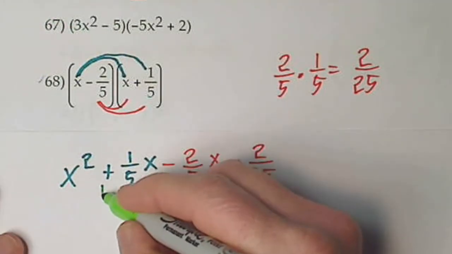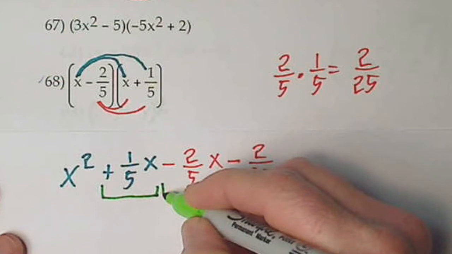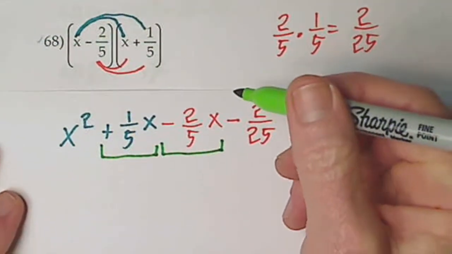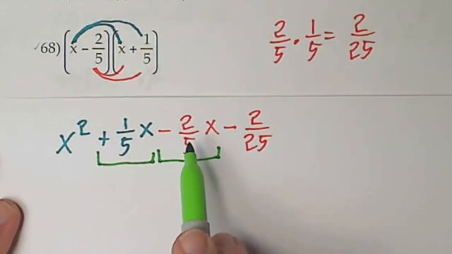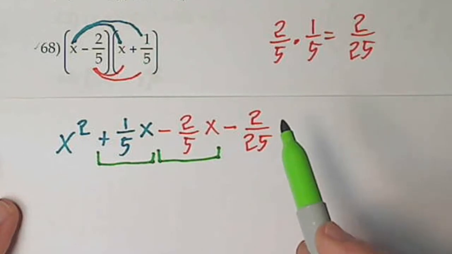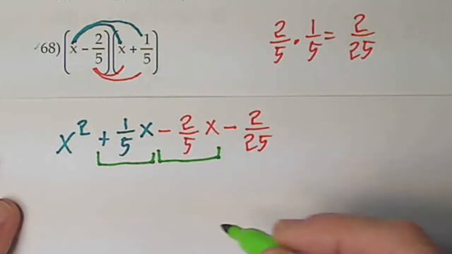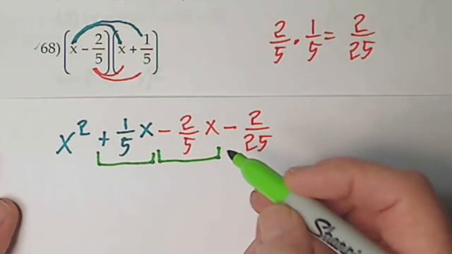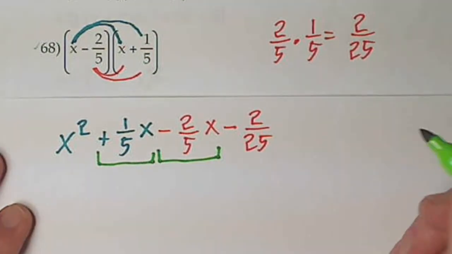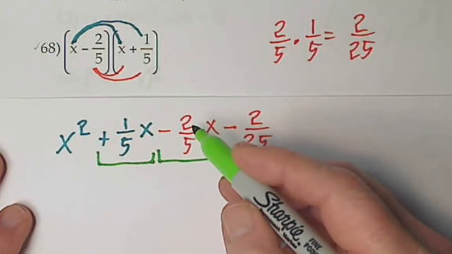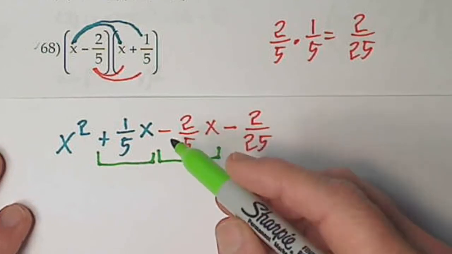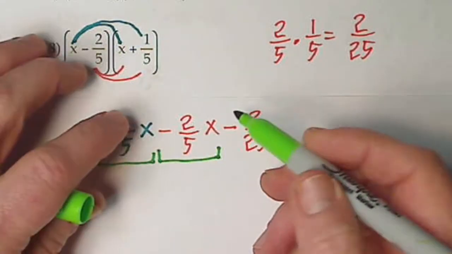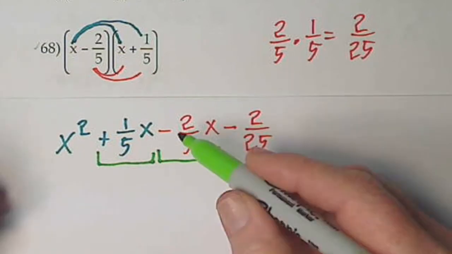And you can combine your two middle terms here. So you have this positive 1/5 x, negative 2/5 x. Alright, negative 2/5 is larger, pretty easy to tell by the numerator. It's just hard to show it, but you just know 1/5 minus 2/5 is a negative 1/5.